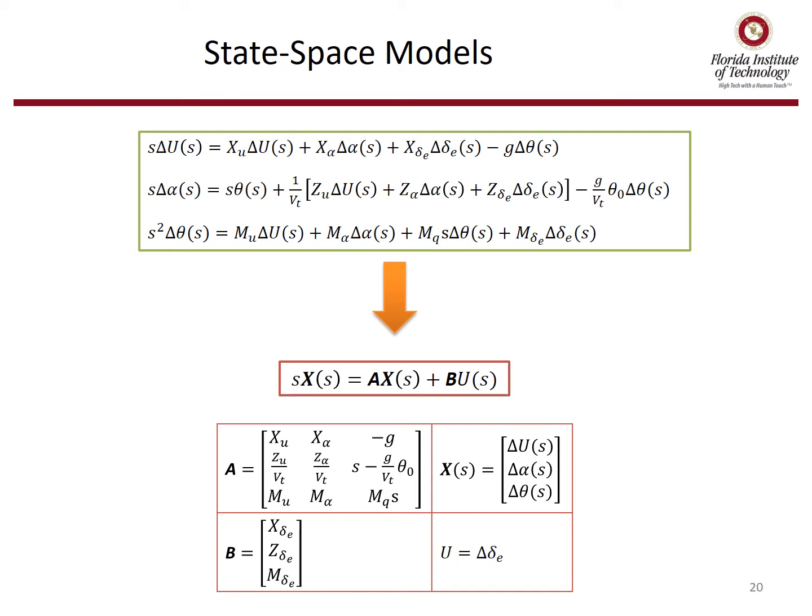We can rewrite the three longitudinal equations of motion using matrix algebra, and that will give us our A matrix and our B matrix. In this case, our B matrix is a vector. All we did is take the three longitudinal equations of motion and reformat them based on that definition of the state vector.